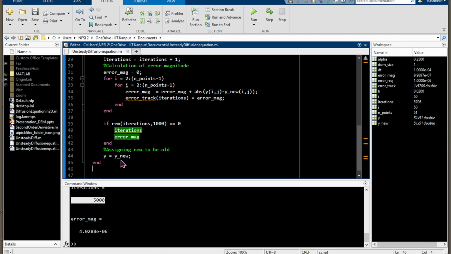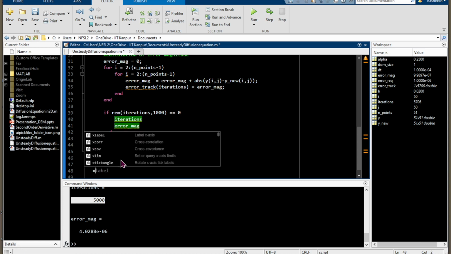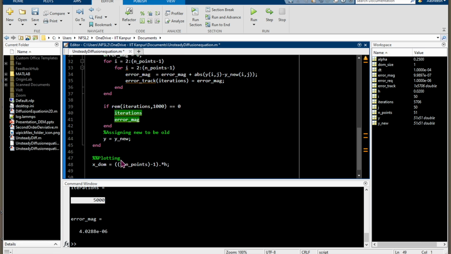But let's plot it. We have not plotted it yet. The plotting part will remain the same. Last time we did x domain, then y domain.